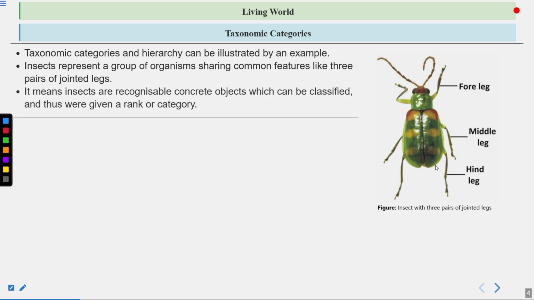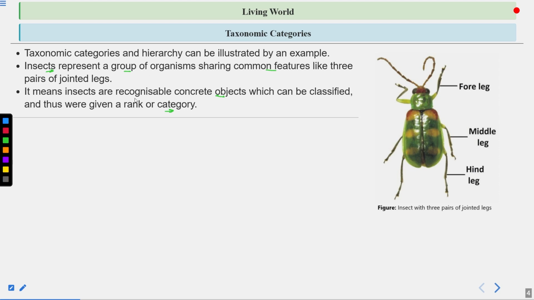Now this means that insects are recognizable concrete objects which can be classified and thus were given a rank or a category. So here it is written insects. They can be categorized into a group based on a common feature, based on similarity, like 3 pair of jointed legs. So all the insects having 3 pair of jointed legs are placed in a certain group.